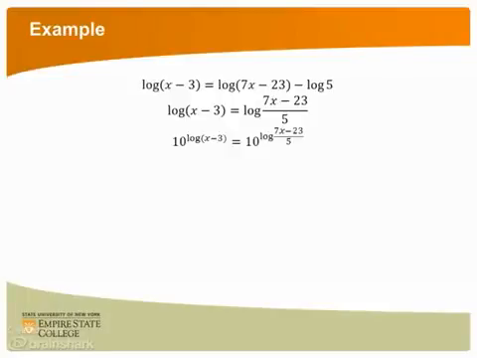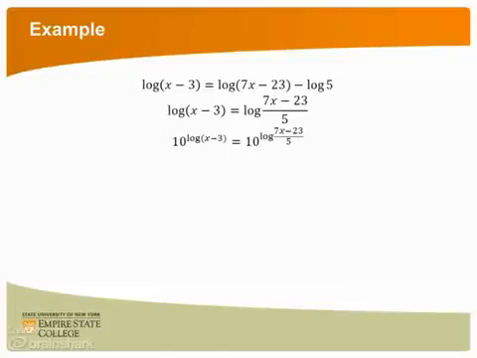We want to eliminate the common logarithm from the equation. Recall that the common logarithm is really the base 10 logarithm. So to eliminate the common log, we raise 10 to the power represented by each side of the equation. So we have 10 raised to the power, the common logarithm of x minus 3 on the left side of the equal sign.